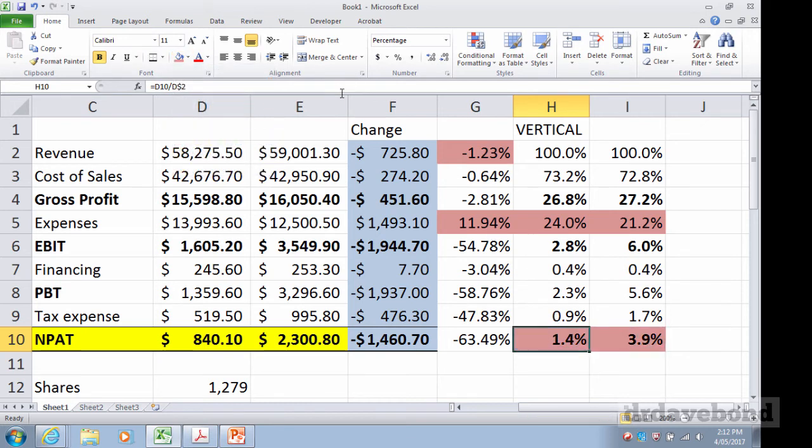Because this figure, if we bring it up, is net profit after tax over revenue. That figure here is your profit margin. So Woolworths in 2016 had a profit margin of 1.4%. So for every $100 that you buy in the supermarket, they made $1.40 in profit.